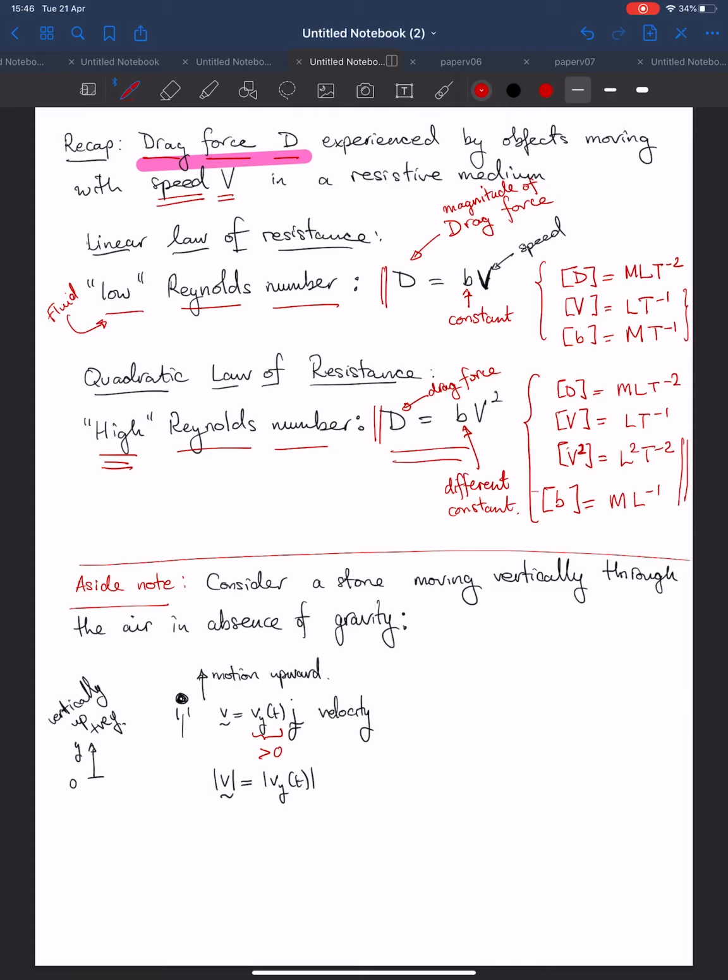So let's assume that we encounter air resistance. Now, air resistance will give a resistive force as the stone tries to move upwards. It gives a resistive force to the stone that opposes the direction of the motion.